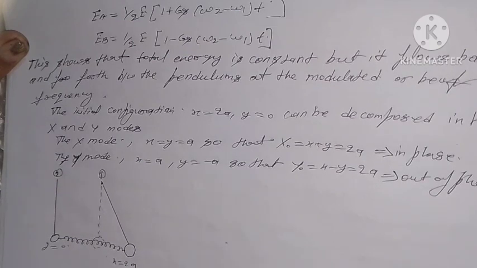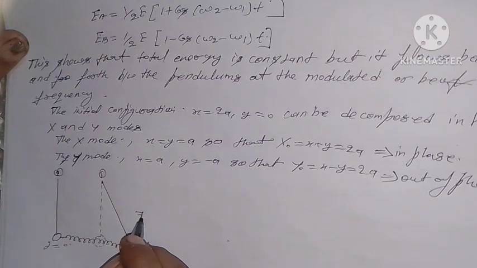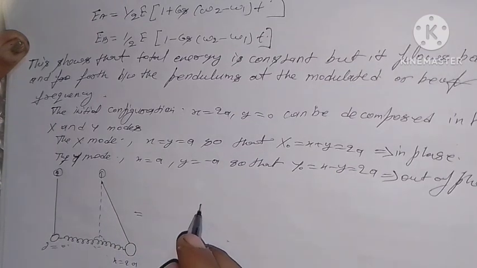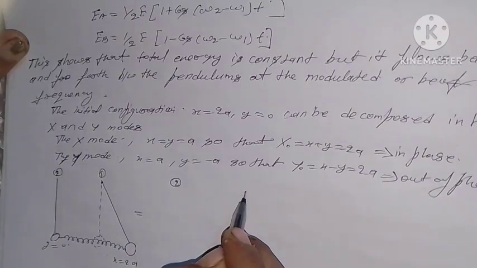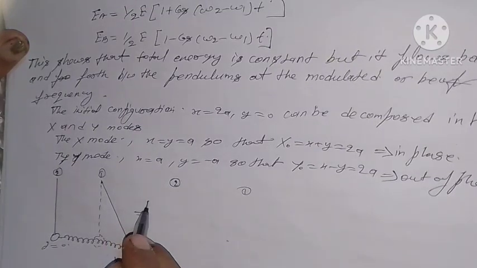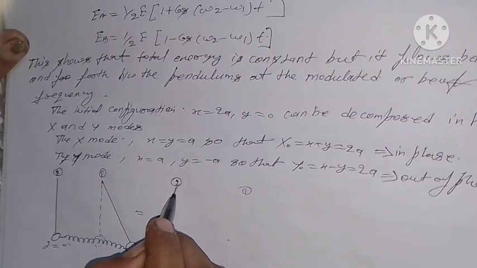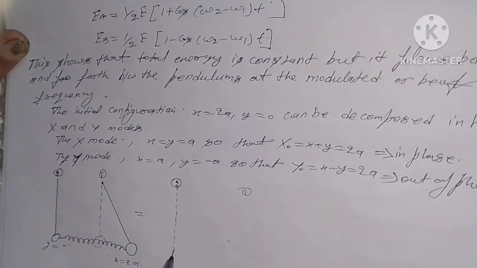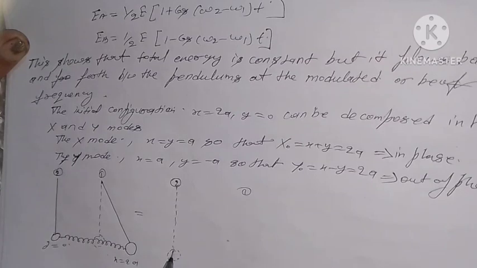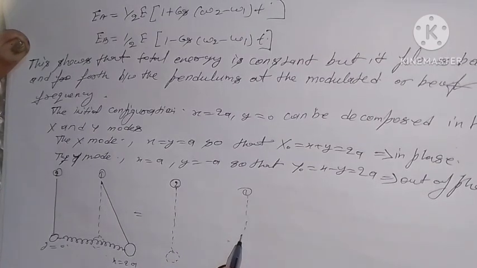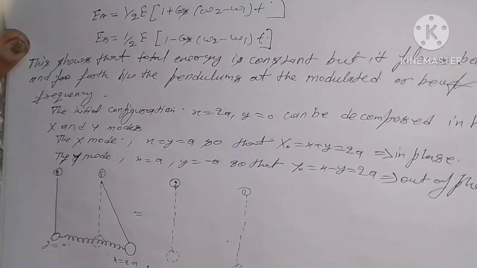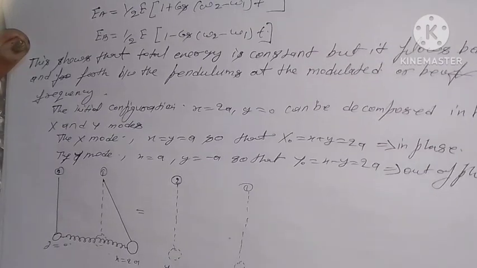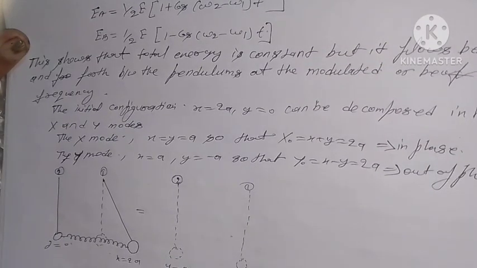Okay, X equal to 2A is the second position, and this is the first position, and the spring of the second position in the initial condition is like this. Okay, Y equal to A and X equal to A.